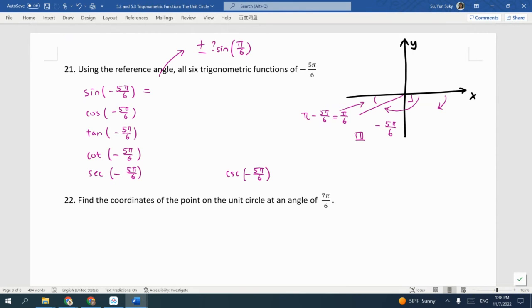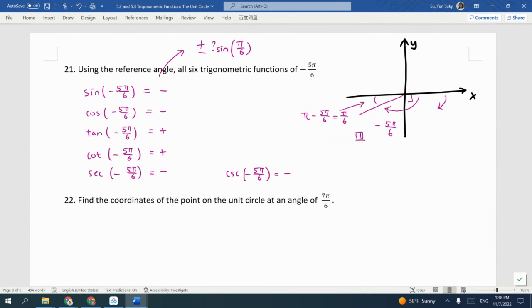Plus or minus depends on which quadrant it's in. Because it's in the third quadrant, is the sine positive or negative? Negative, right? Your cosine is negative, but your tangent is positive. Your cotangent, positive. Your secant, negative. Cosecant, negative. Right, everybody?